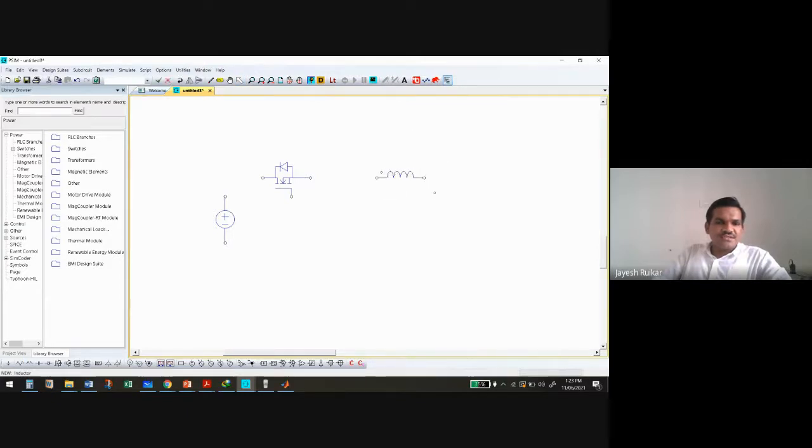This is the inductor, and then a resistance, and then one diode is required, and we can connect these first.